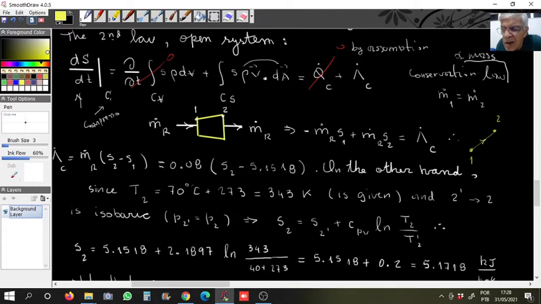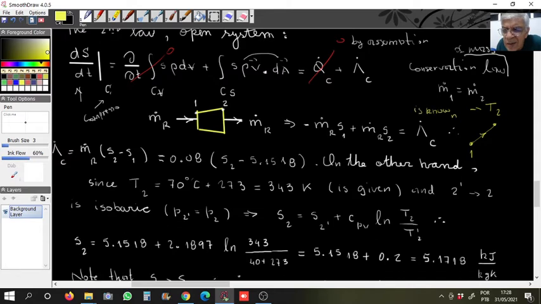Now T2 is given, by assumption. T2 is known.